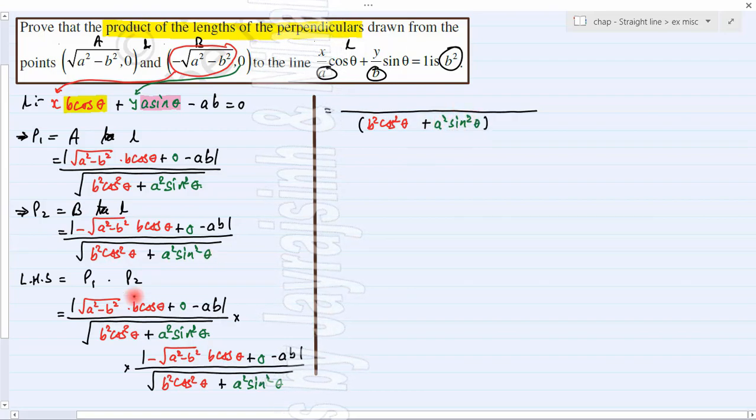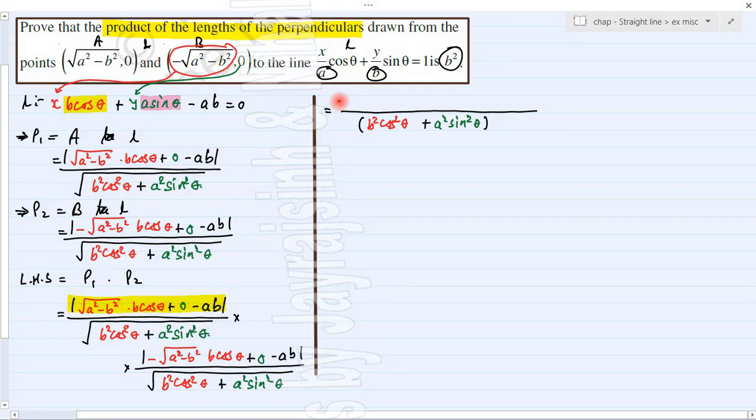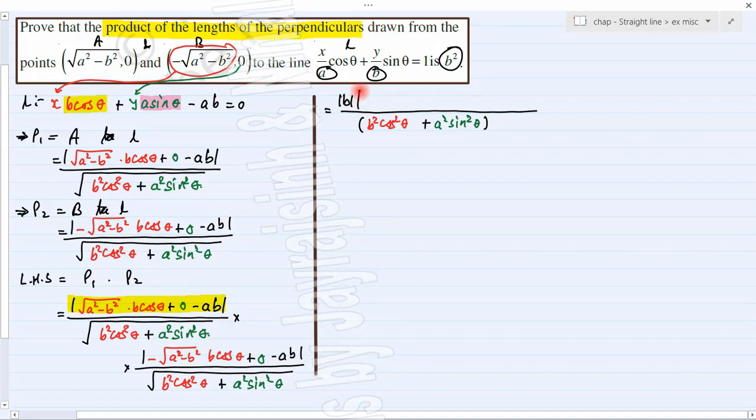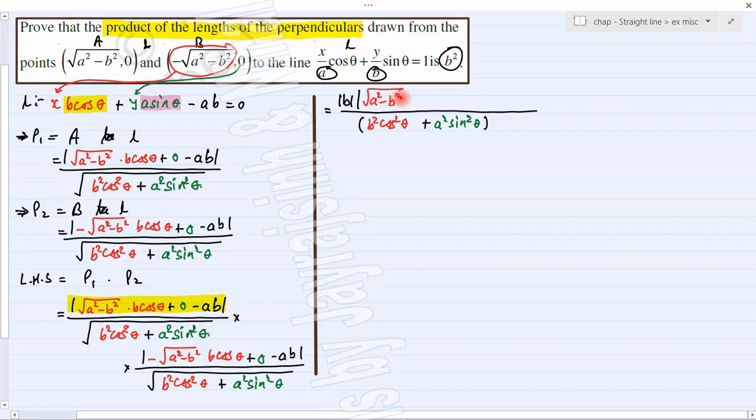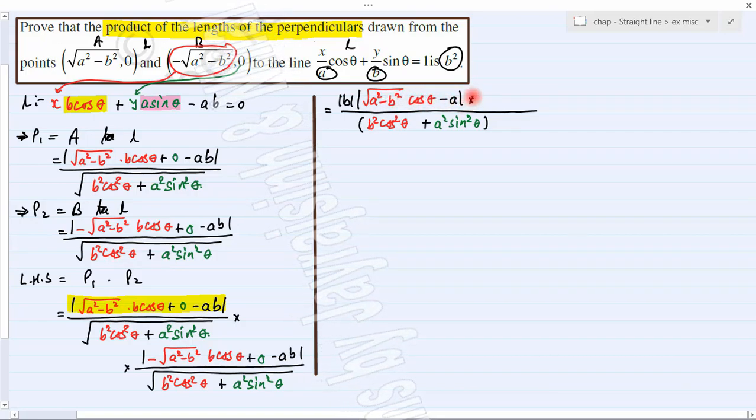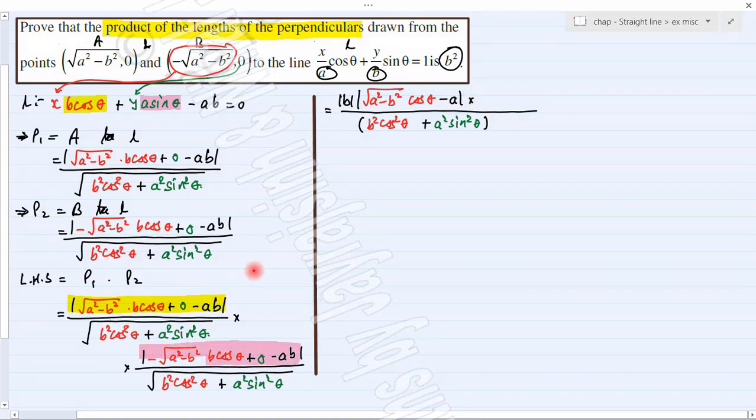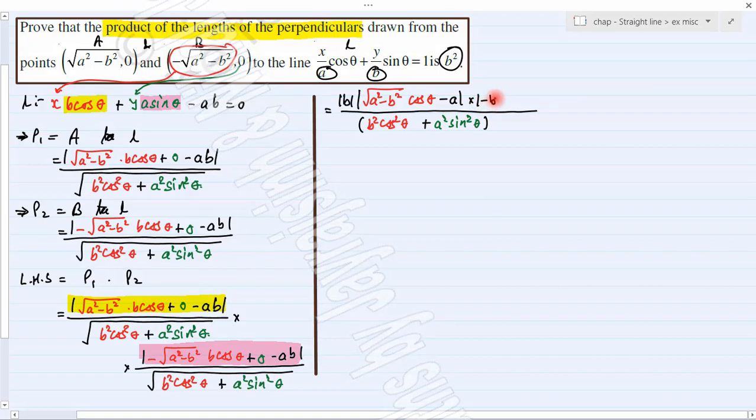Let's simplify their numerators. From the first term, we can take b common. So we'll get mod b into under root of a square minus b square cos theta minus a into, from the second term, we can take minus b common.